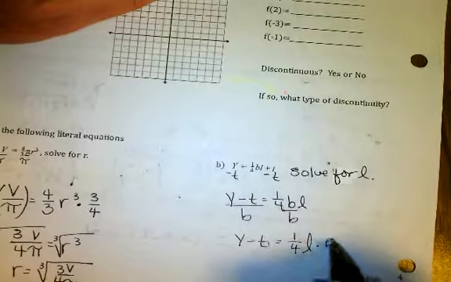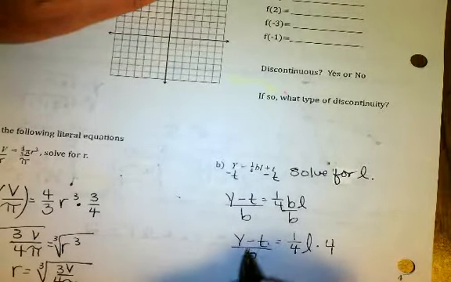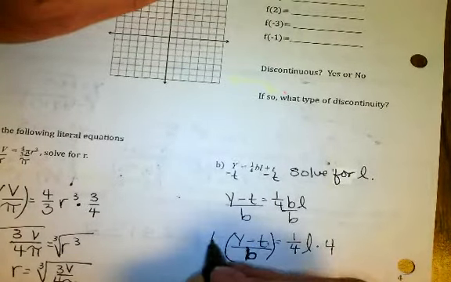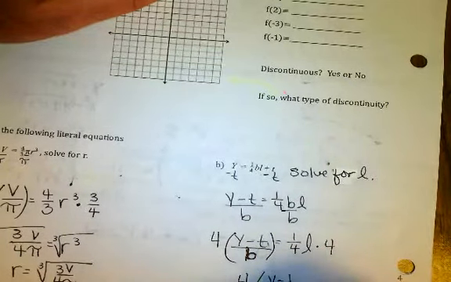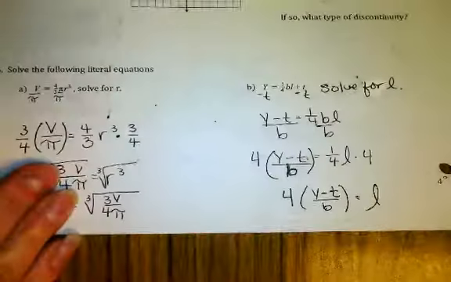And I'm going to multiply by the reciprocal. Sorry, I forgot to put that b there. Okay, now multiply by the reciprocal. So that gives me 4 over B times y minus t equals L. Oops, y'all can't see that last part.